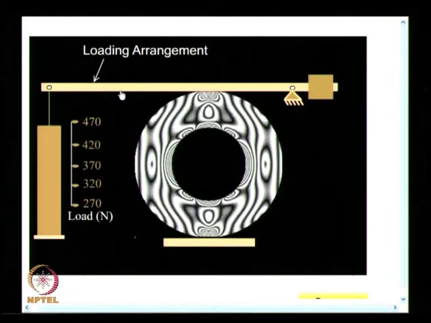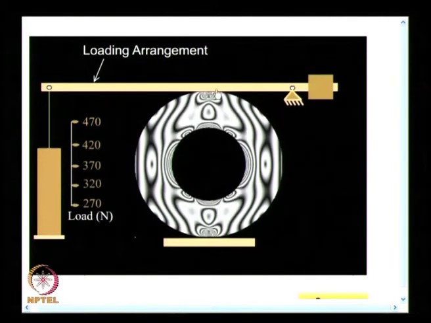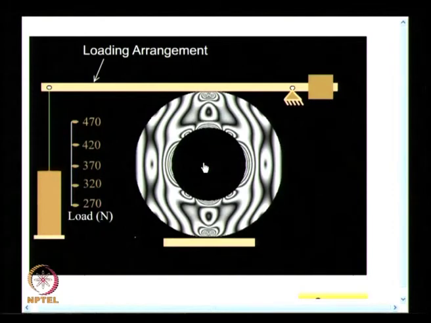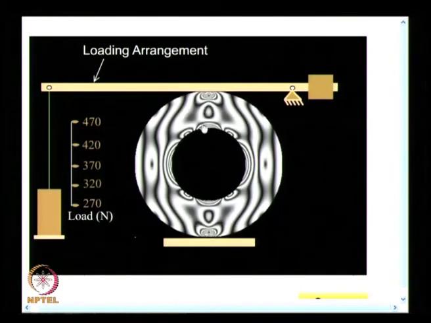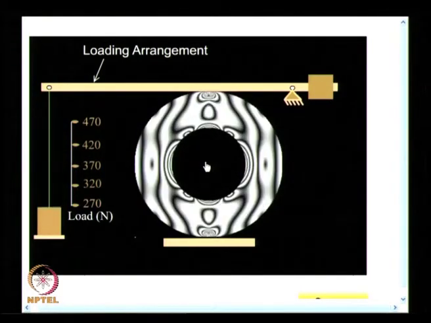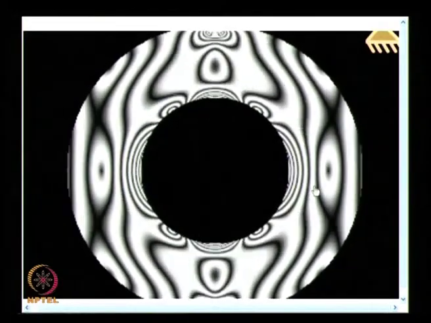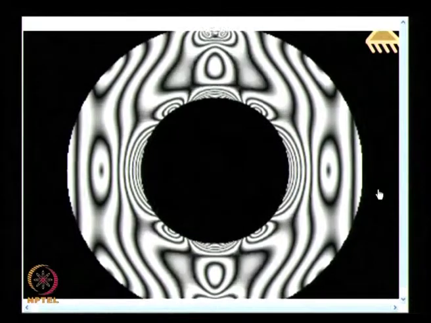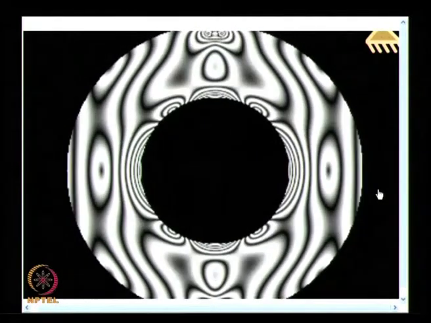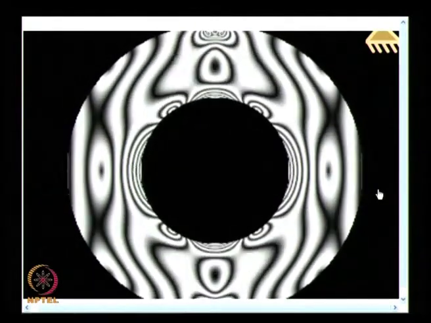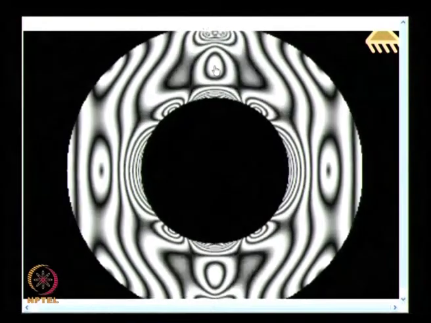This is a lever arm loading frame, and as the load is varied, fringes are developing and moving, and the idea is to just look at the fringe field, see for a few minutes. You need to see what special features you observe. Very interesting things are happening. I want to take out this portion and then see what it is that you observe.